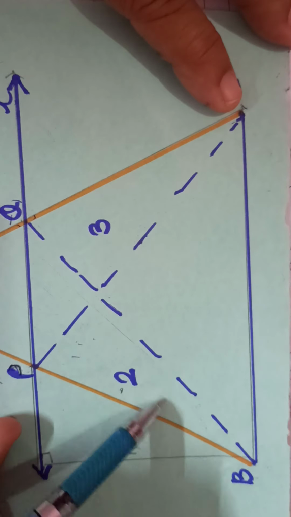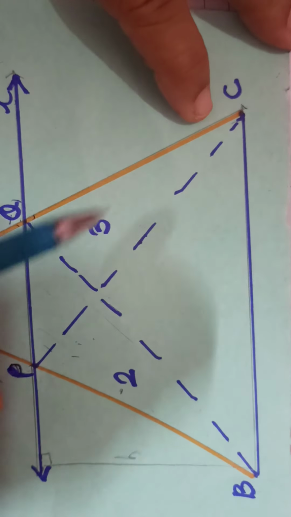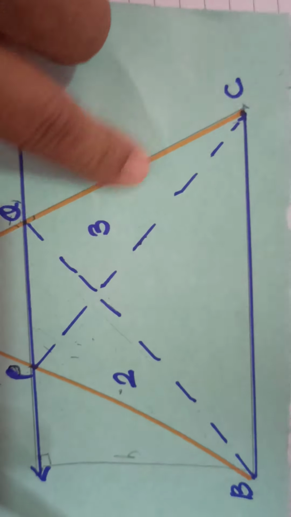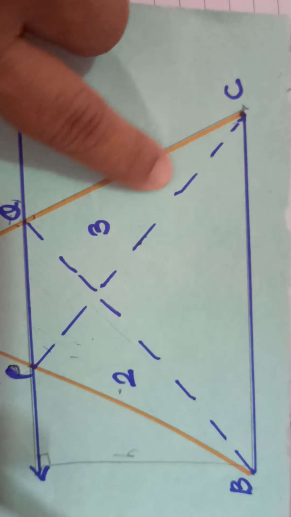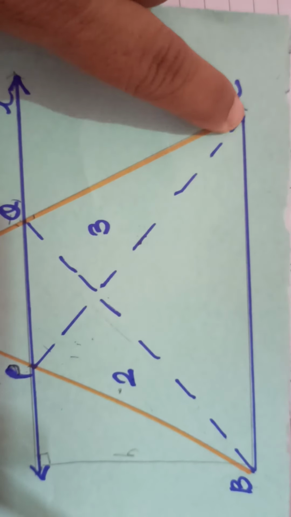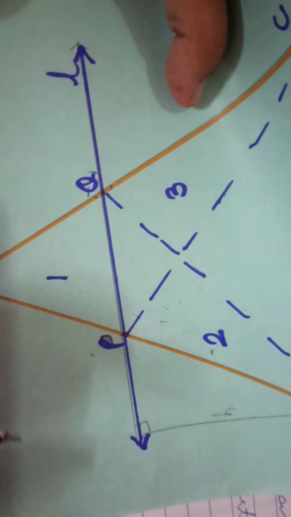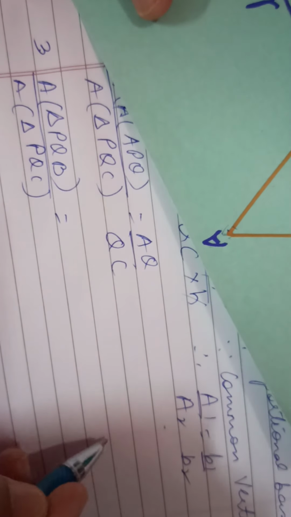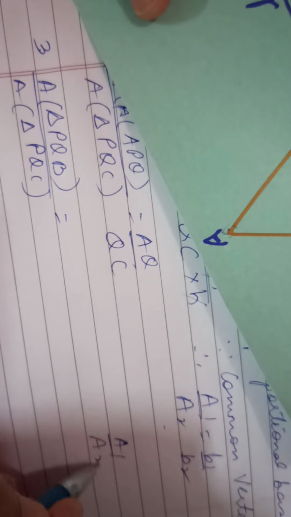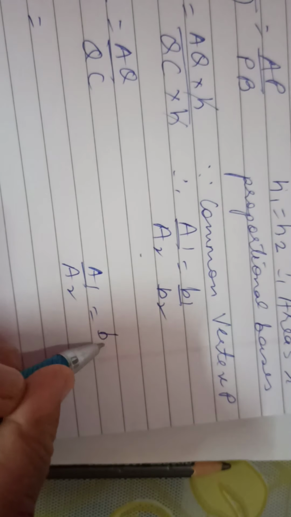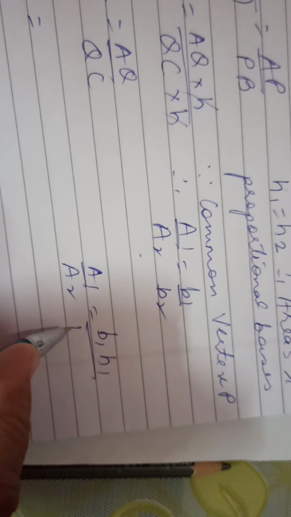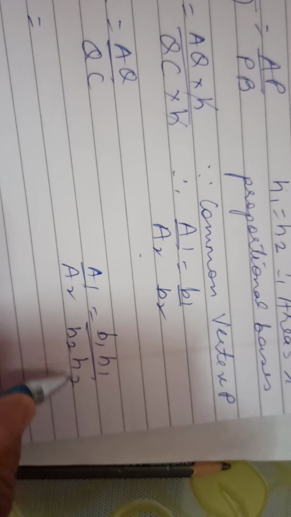This is the portion inside the triangle. So what is the formula? A1 upon A2 is equal to base 1 into H1 upon base 2 into H2.